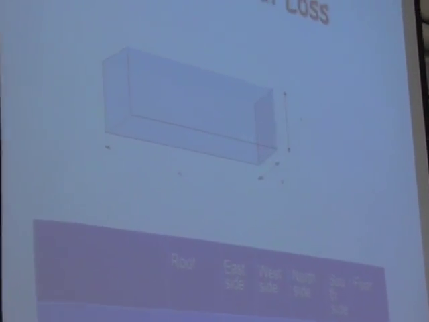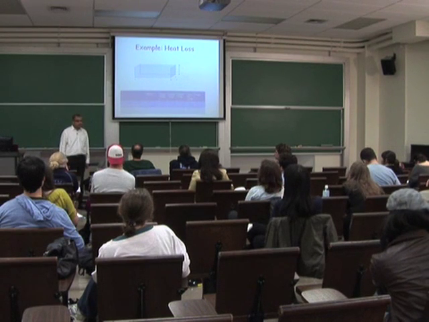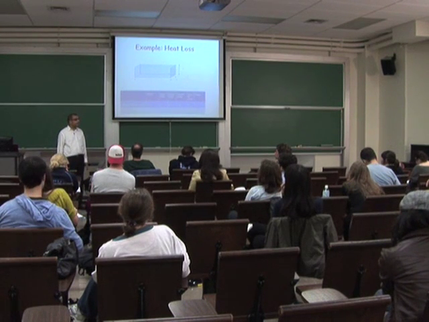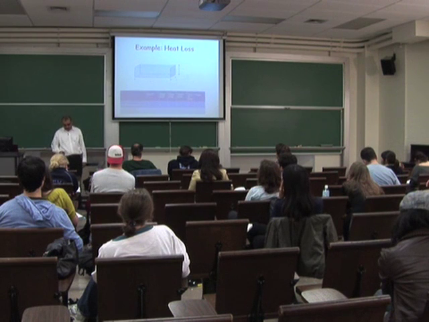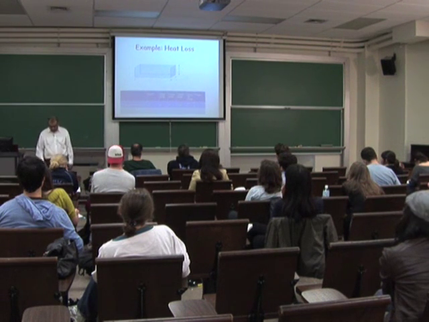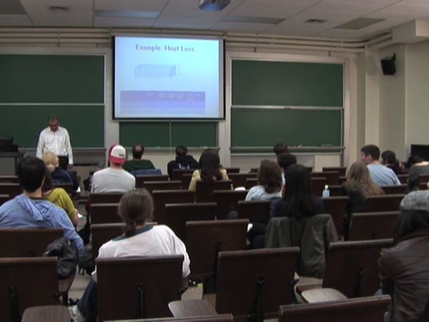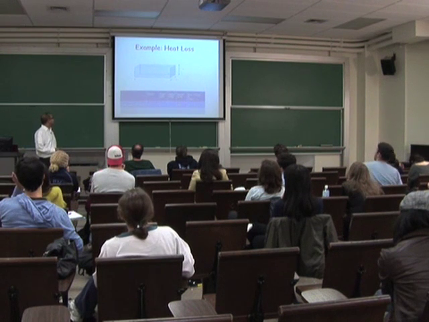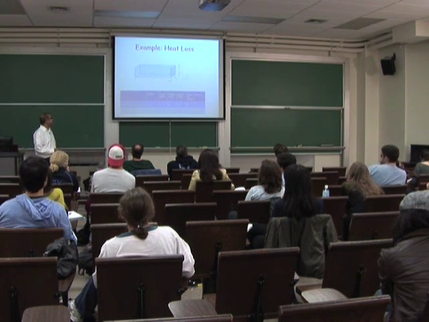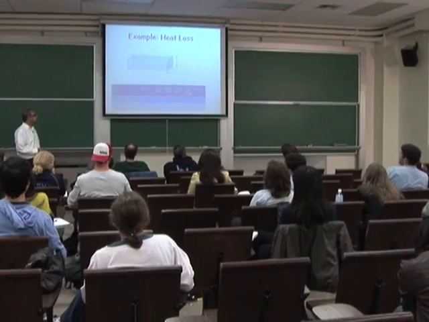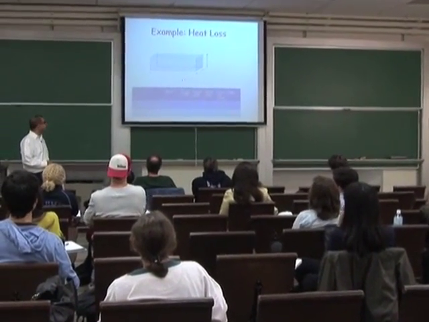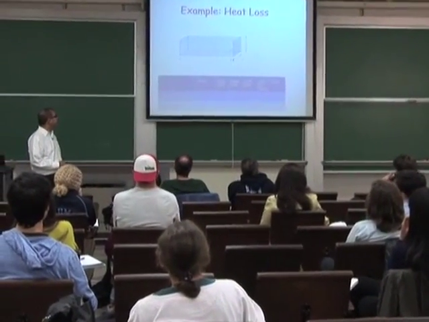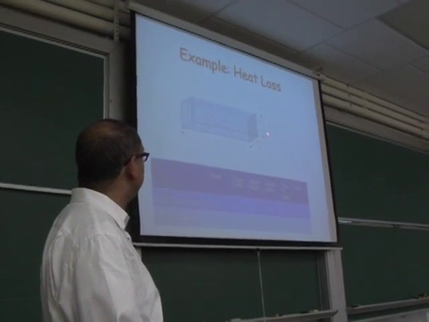Okay, so let's do an example. You may come across this example in one of your classes on energy efficiency or sustainable building design. Suppose you have a building with very simple dimensions, a length, a width, and a height.